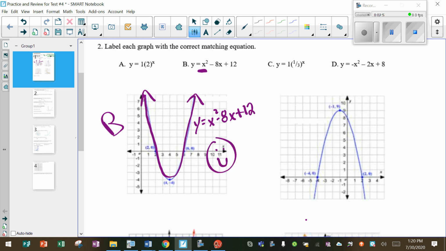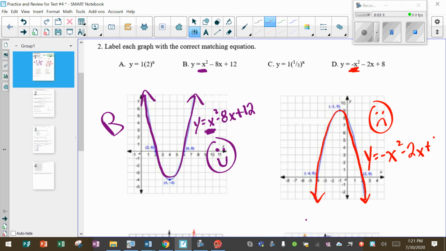Like somebody with a smiley face, that's a happy parabola because it's a positive x squared. An unhappy parabola, boo-hoo-hoo, with a frowny face, would have a negative attitude or a negative x squared. So that's how we can tell the difference without even having to go to the calculator.